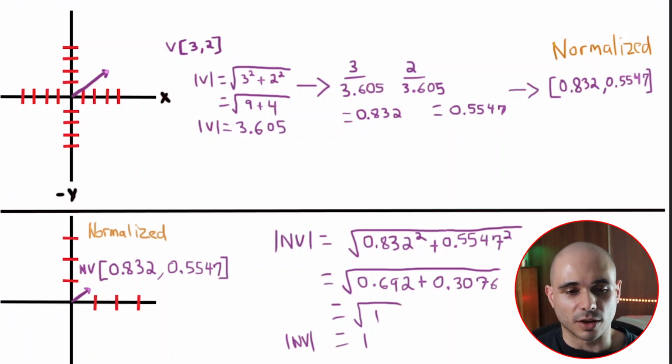And if you want to find out that it actually is a unit vector, all you have to do is take the magnitude or length of that normalized vector. If you plug it into the Pythagorean theorem and the vector turns out to be a length of 1, then you have successfully normalized the vector.